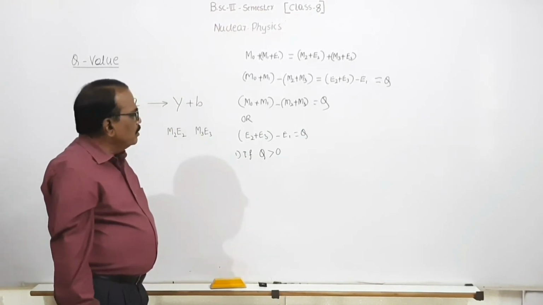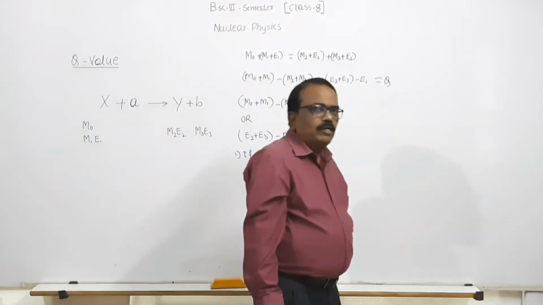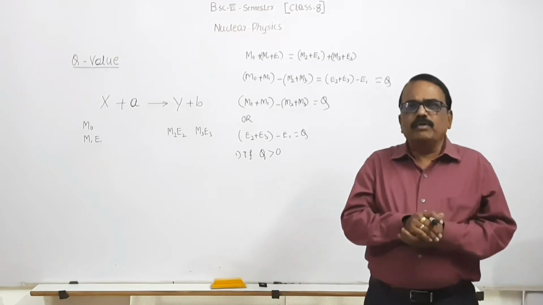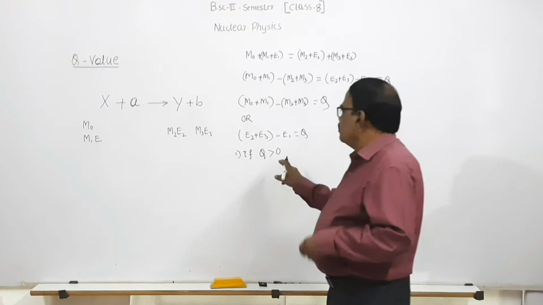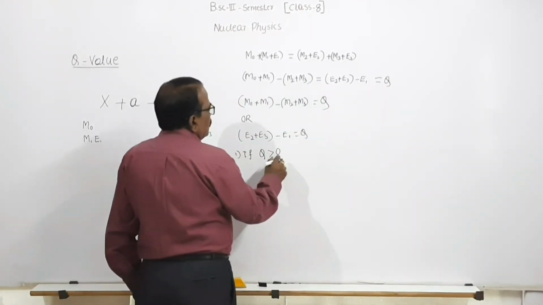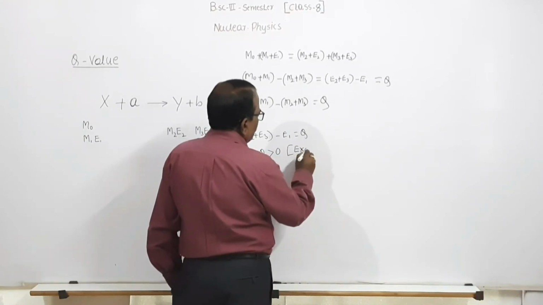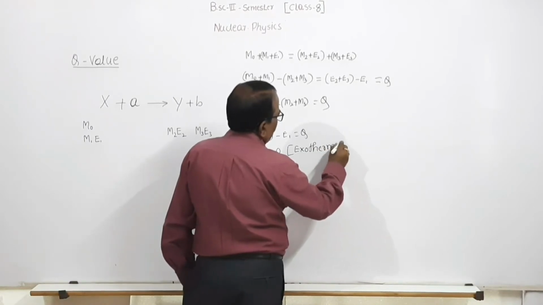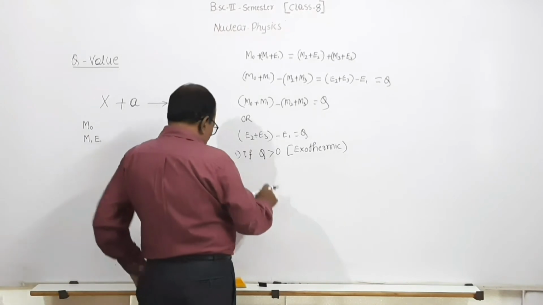If Q is greater than 0, the reaction is called exothermic, or simply exoergic.